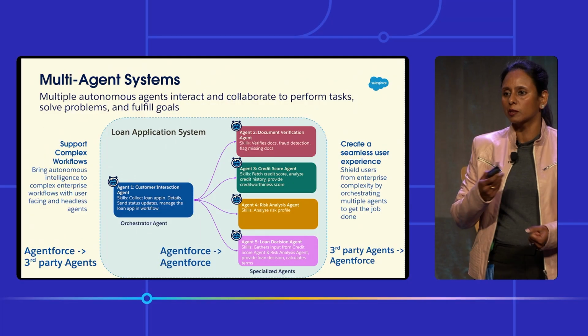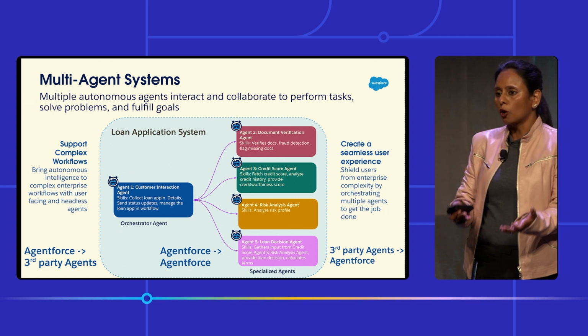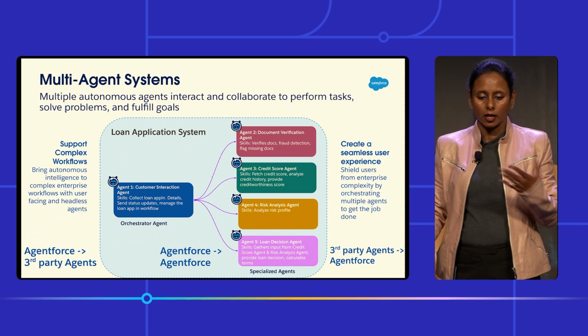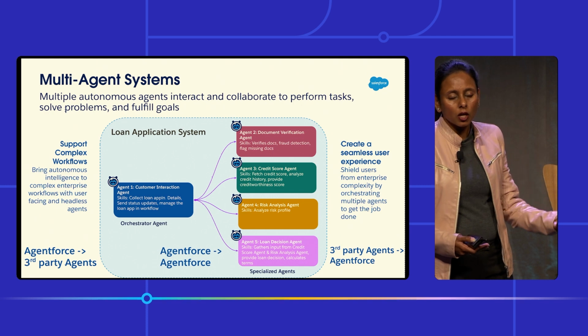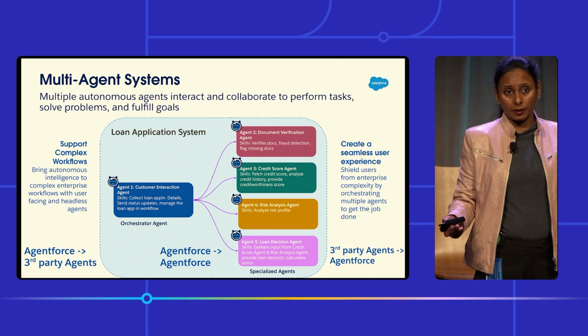It will invoke those specialized agents to fulfill various tasks and activities. And those specialized agents in this case could be your document verification agent, your credit score agent, your risk analysis agent, and finally your loan decision agent, right?